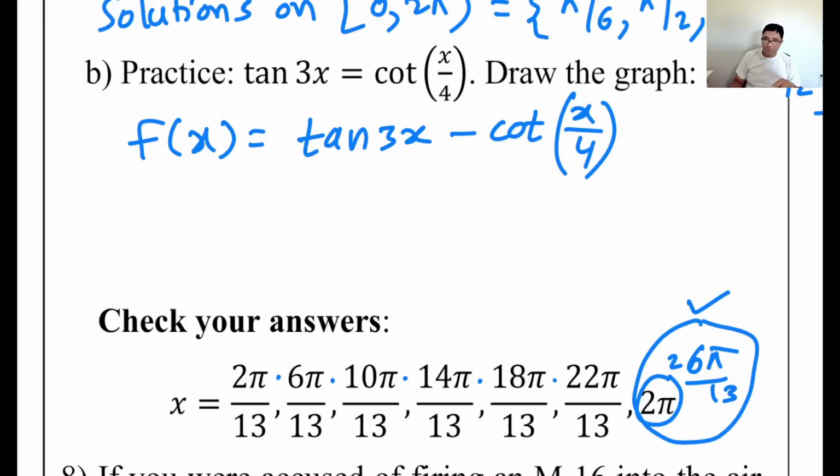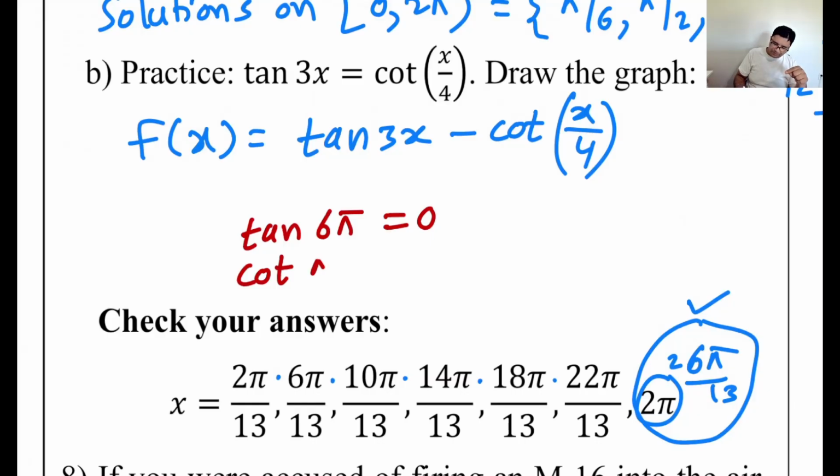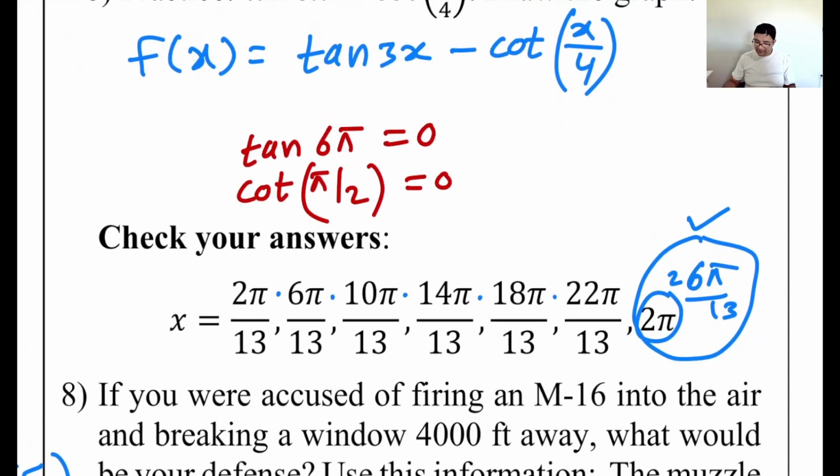But if you plug in 2 pi, then you have tan 6 pi on the left. This is interesting. Which is 0, after all, that's 2 pi, 2 pi, 2 pi, tan 6 pi is 0. On the right side, you get cot of 2 pi over 4, which will be pi over 2, right? And cot 90 degrees is also 0. So 2 pi will be a real number solution here.